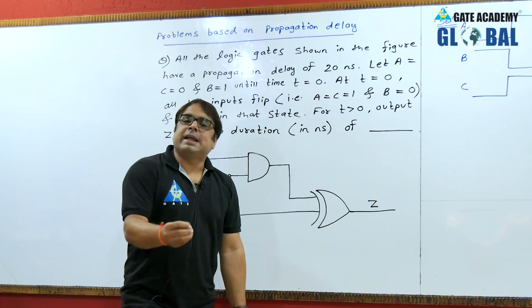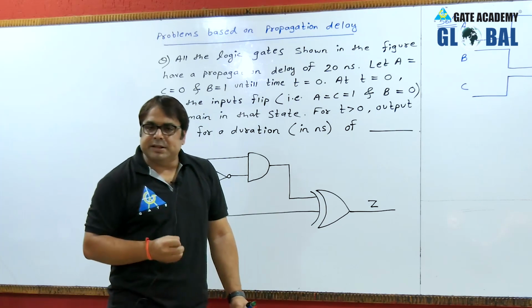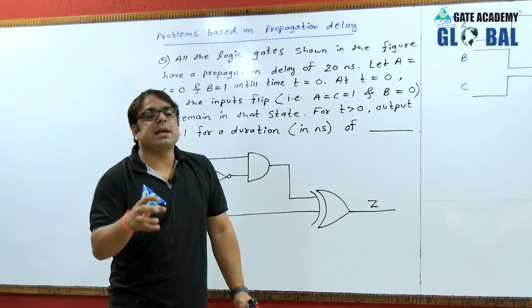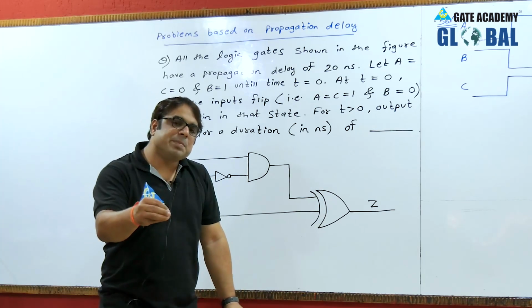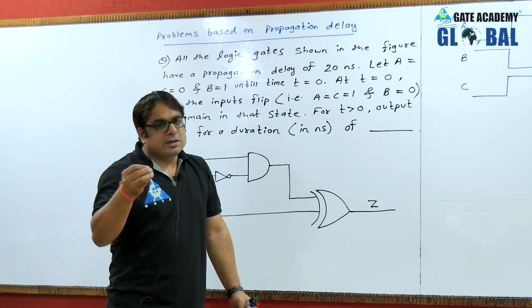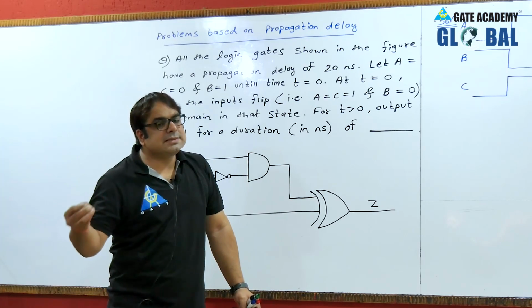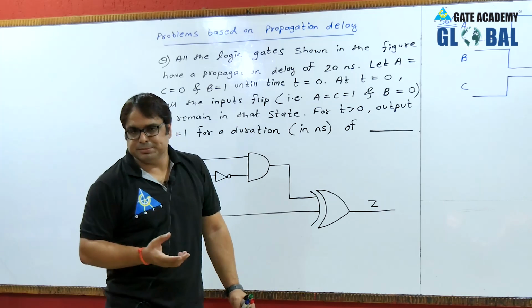See what can happen in a particular circuit. Let's say there are multiple inputs. For example, you choose one set of inputs. The total delay which the circuit is giving you is, let's say, 50 nanosecond.